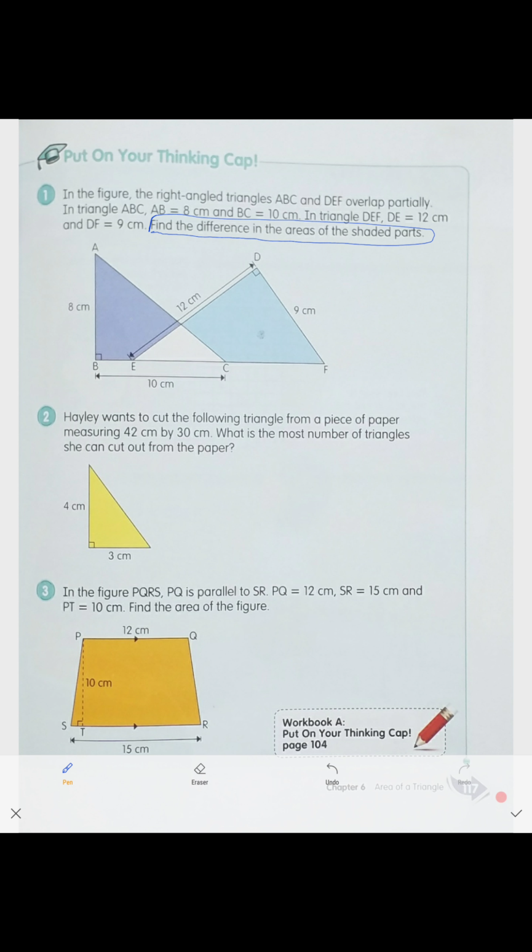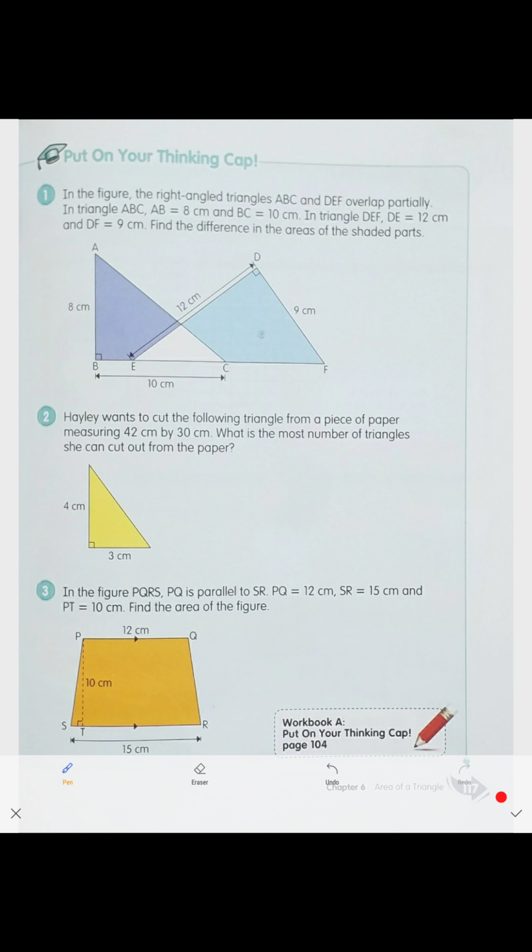So this is what you do basically. It doesn't matter that they lie on each other, overlap in an awkward manner. You have one triangle, triangle ABC, and you have triangle DEF. It doesn't matter that they overlap like this.